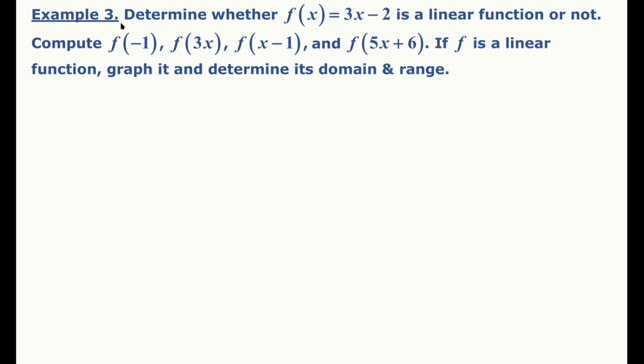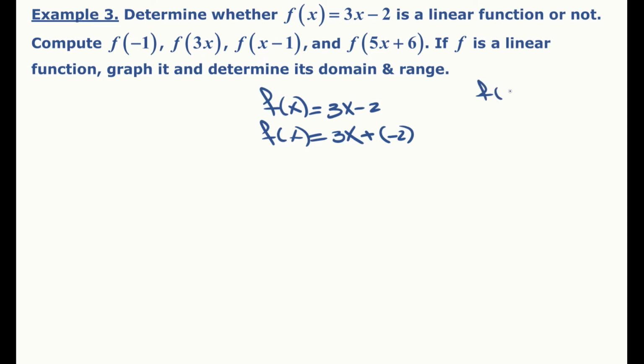So first thing we want to do in this example is determine if this function right here is a linear function. And of course we can see that if you have f of x equals 3x minus 2, then we can easily notice the fact that this can be written as 3x plus negative 2.